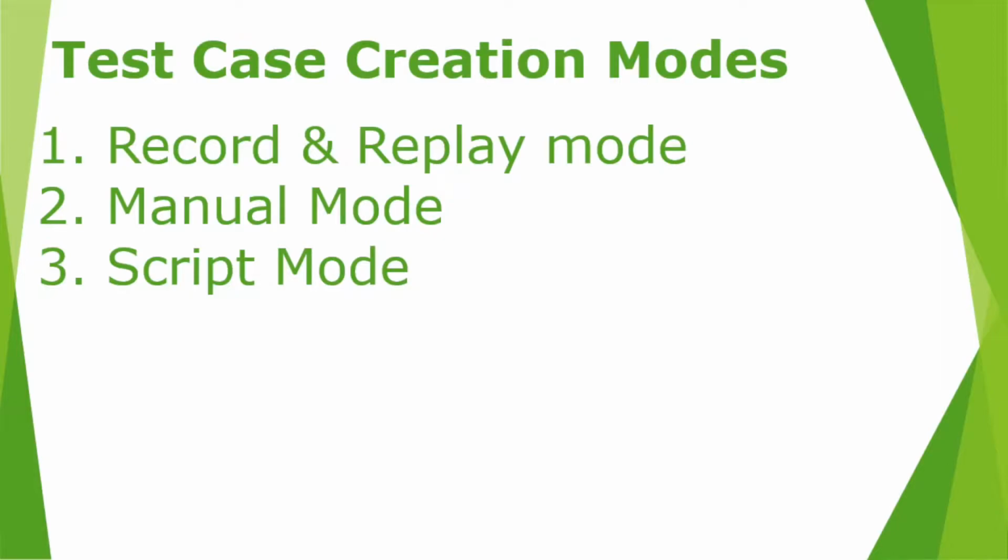The second method is manual mode. This I have explained to you in lesson 4, how you can automate test cases by using manual mode. And this is lesson 5, where I'm going to explain how you can automate test cases in scripting mode.